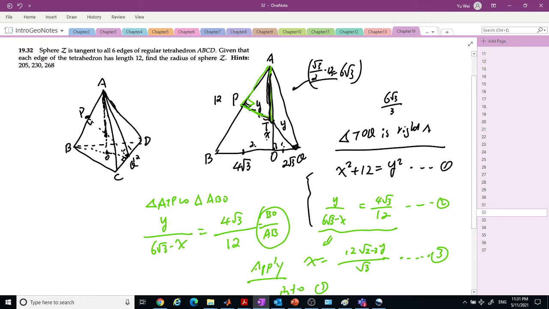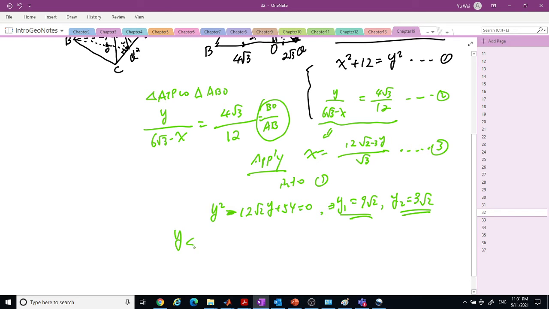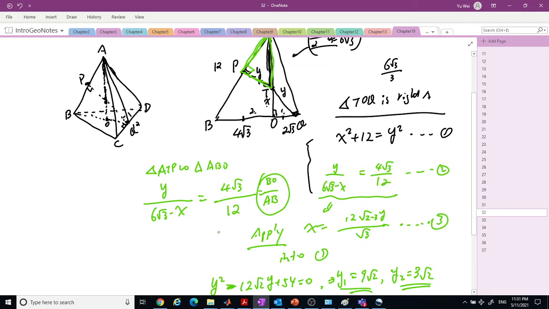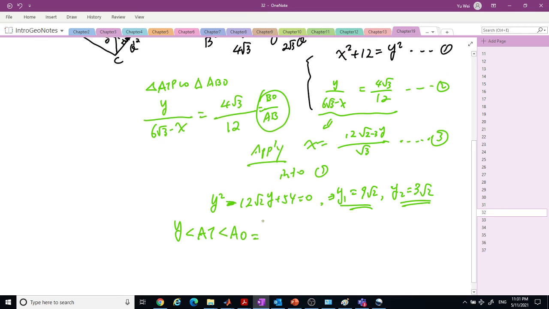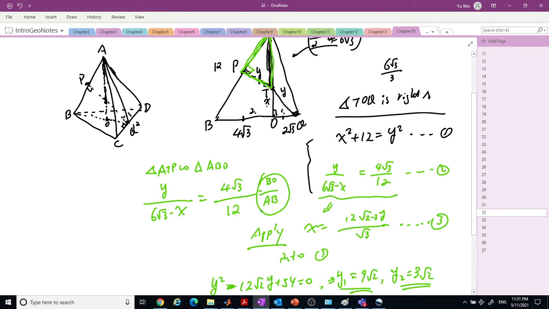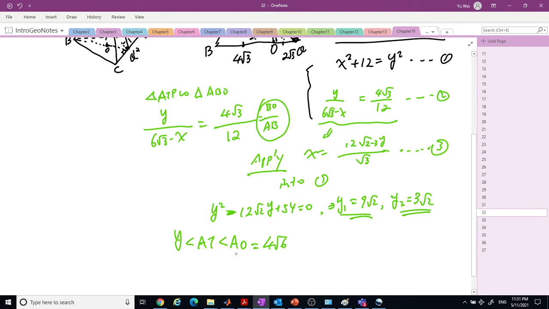So think about it. y is within this triangle, and y is the leg. So y should be less than AT, and should be less than AO. And AO is 4 root 6.